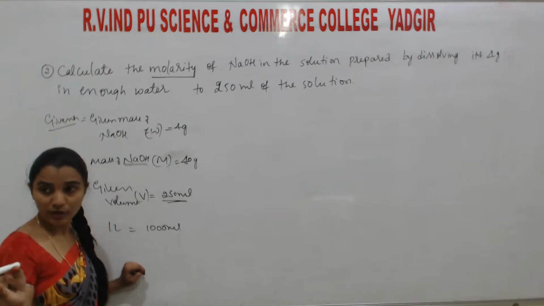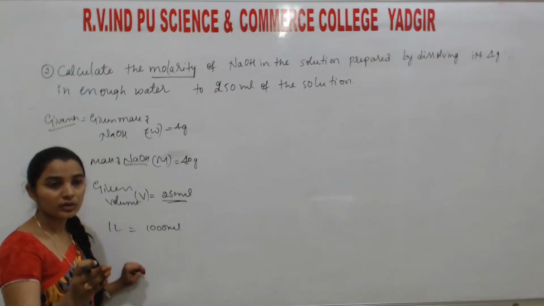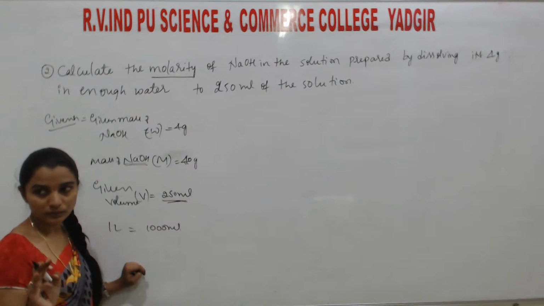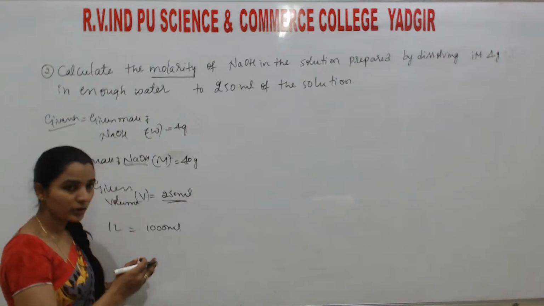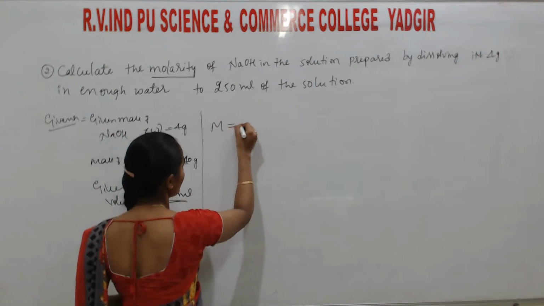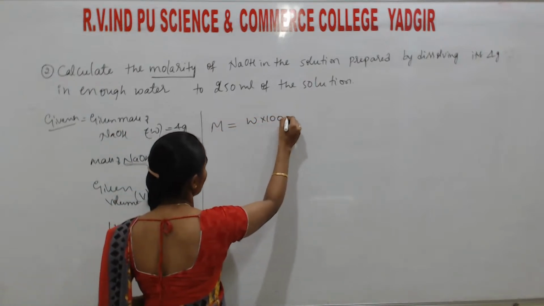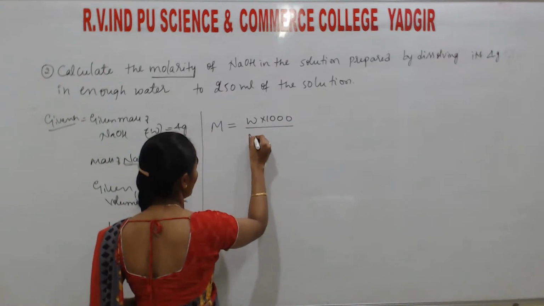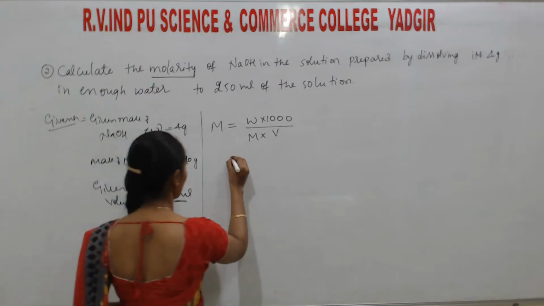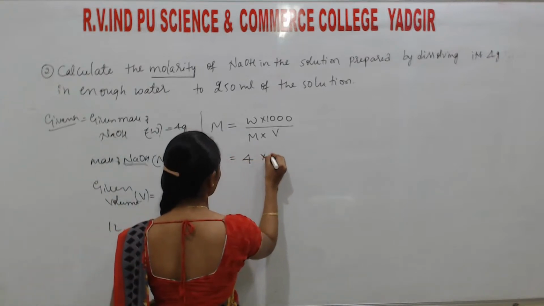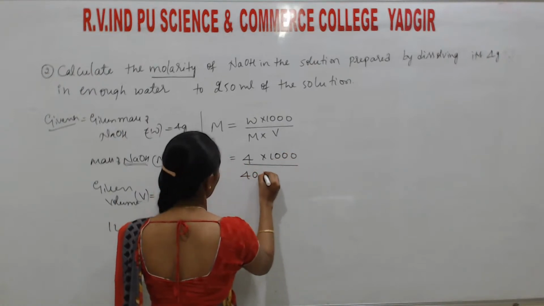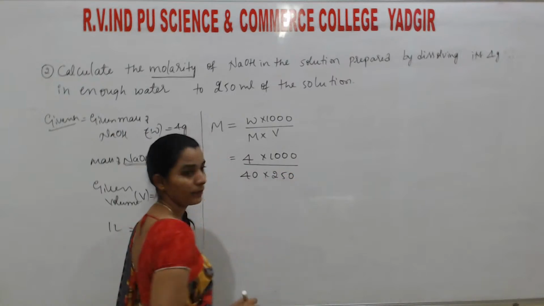Or I gave another formula: molarity is W into 1000 divided by M into V. I will do both ways. First, molarity is equal to W into 1000 divided by M into V. W is 4 gram into 1000 divided by 40 into 250.